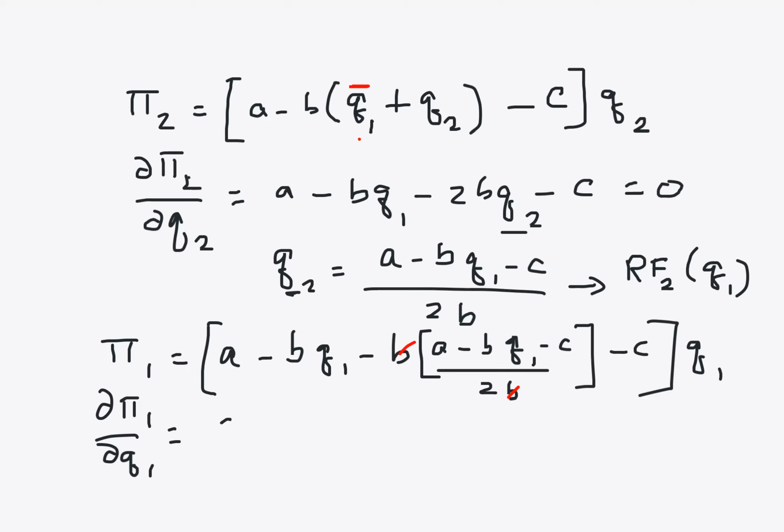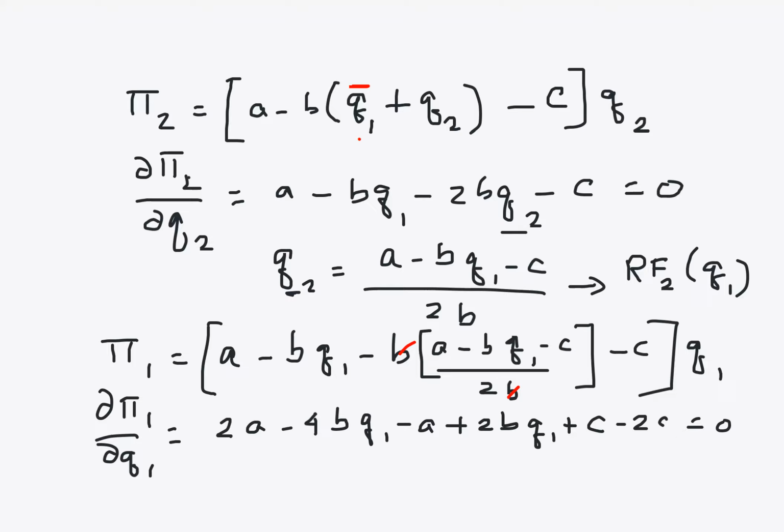So that gives you 2A minus 4BQ1 minus A plus 2 times BQ1 plus C minus 2C equals 0. All right, so that's the partial derivative of profit function pi1 with respect to quantity Q1.